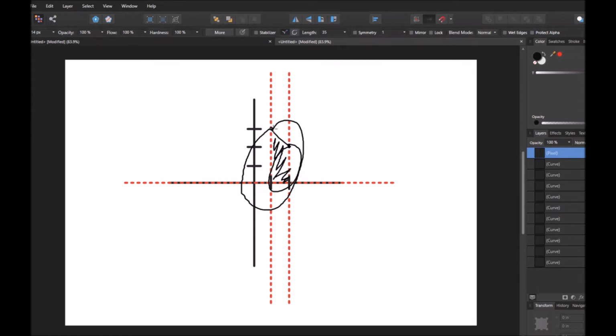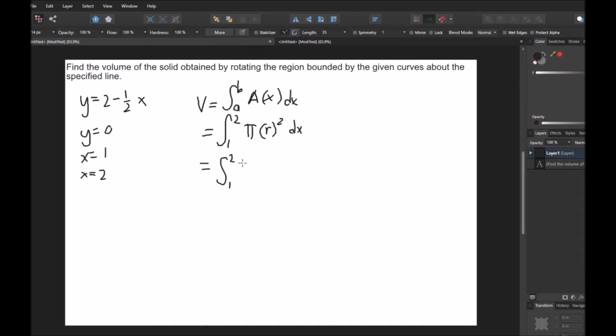You can't go way out here or something like that for your radius. You have to stay within these bounds, and so the radius would be 2 minus 1/2 x. So pi times 2 minus 1/2 x squared dx.